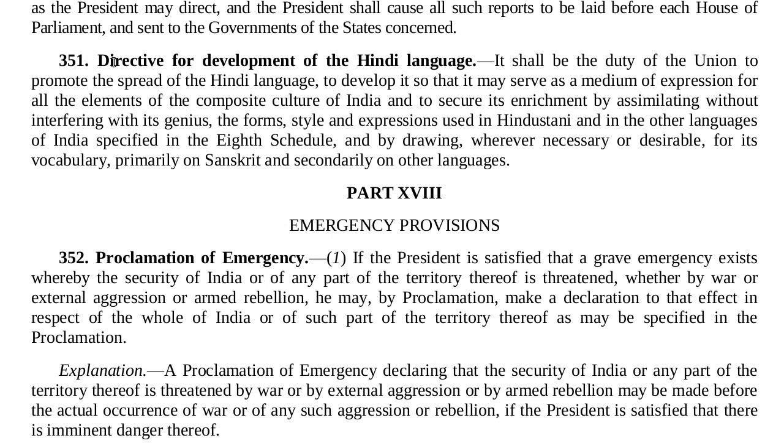Article 351: Directive for development of the Hindi language.